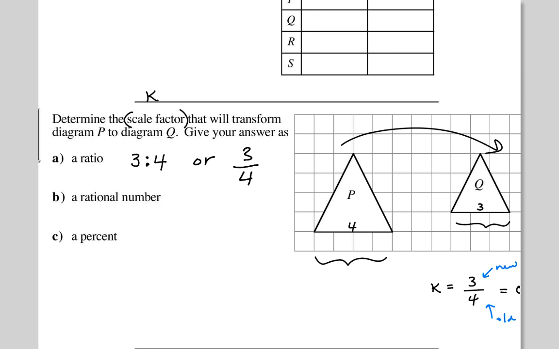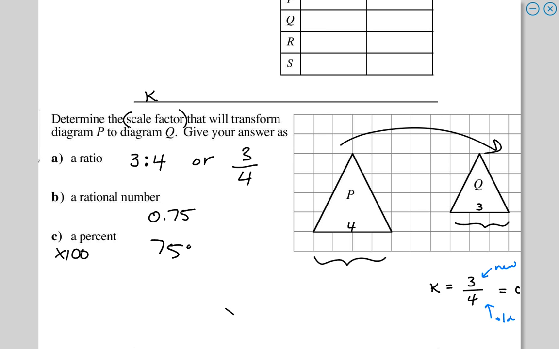Either of those is perfect. As a rational number, that's your decimal. And as a percent, you multiply by 100 and you'll get the 75%. Easy, right?